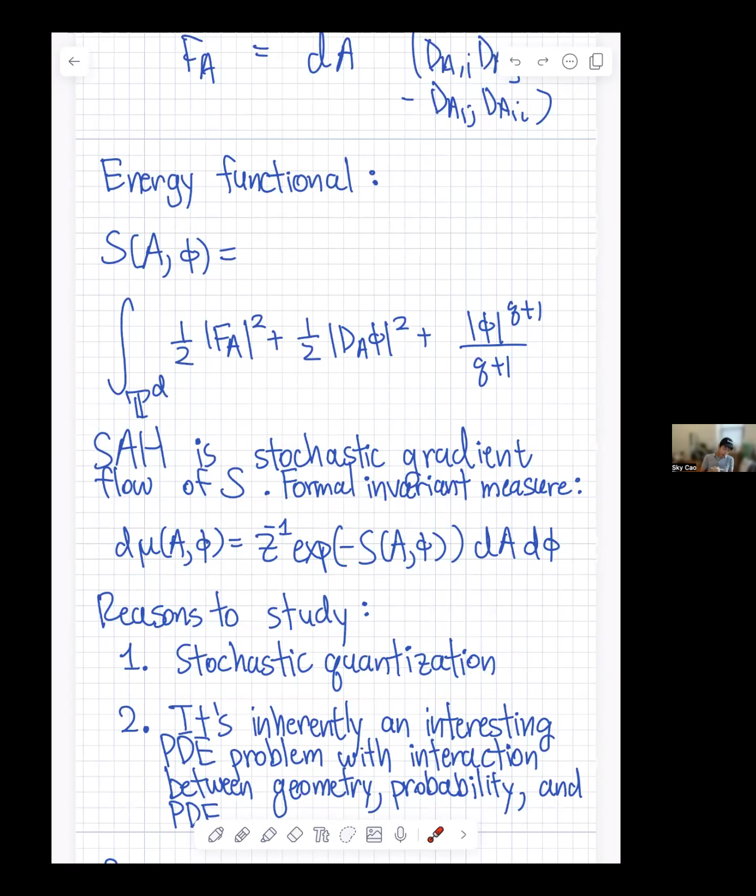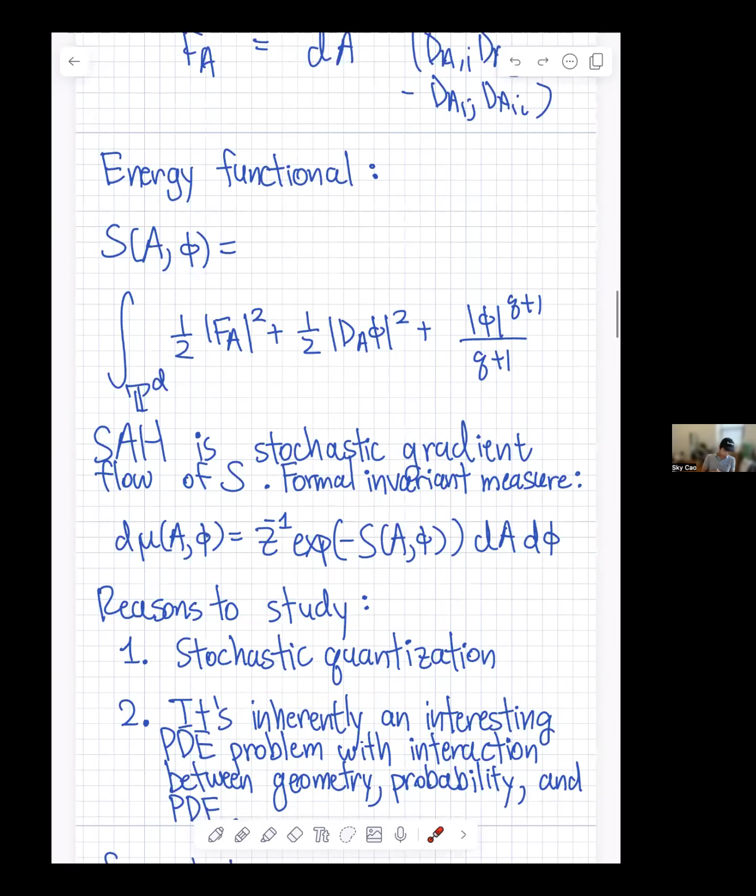But another motivation, and I think this was more our motivation for studying it, is that we think that it's an inherently interesting PDE problem, because it involves this interaction between geometry, probability, and PDE. So when you study singular stochastic PDE, you already have to have this interaction between probability and PDE. You need insights from both fields to solve your problems.